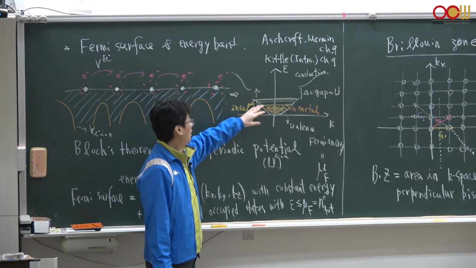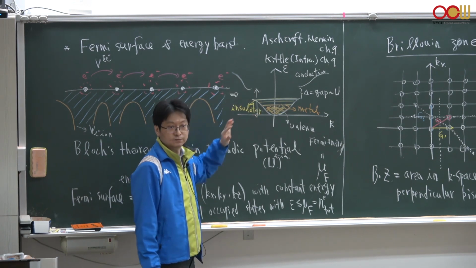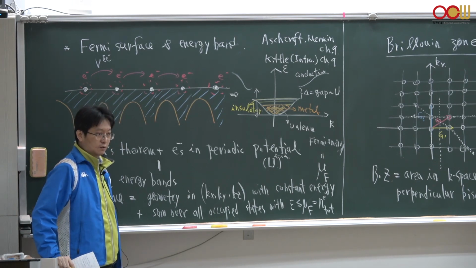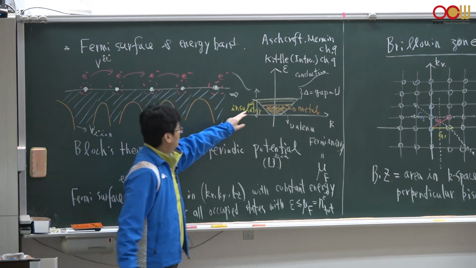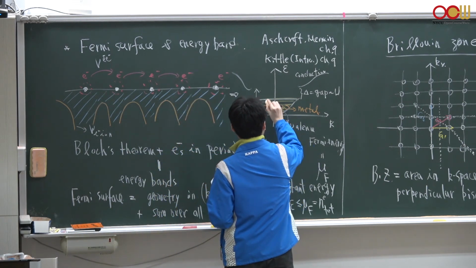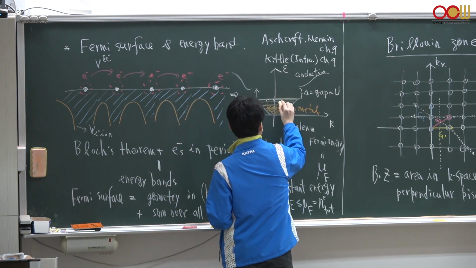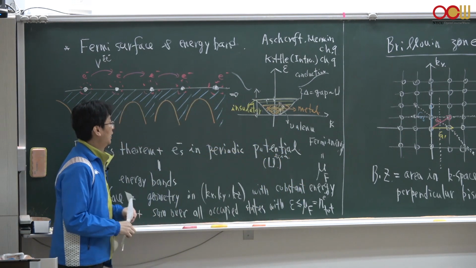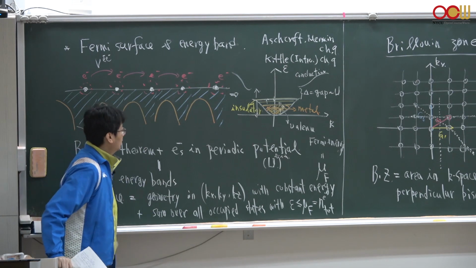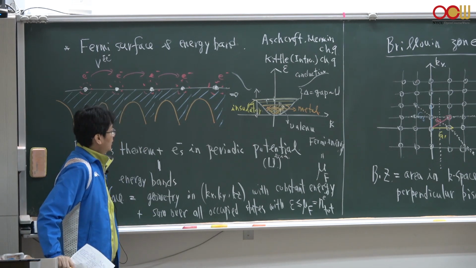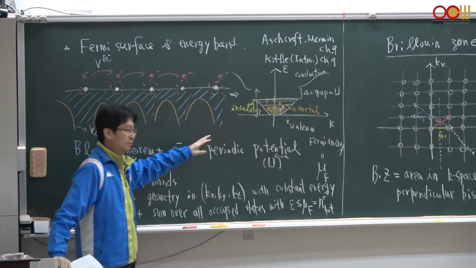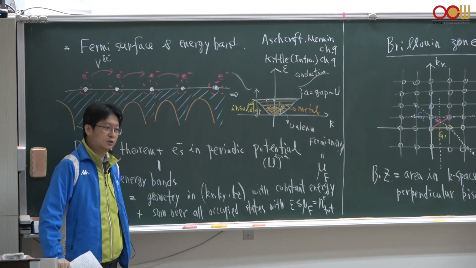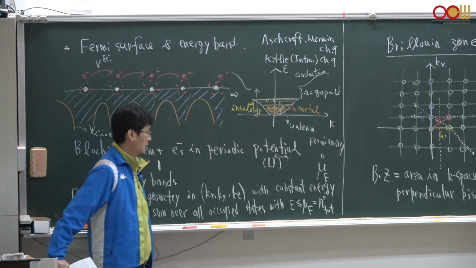And so all the states above this mu f become empty states, and all the states below this mu f are fully occupied. If you simply count the number of electrons populating below the Fermi energy, when you sum over all the energy levels, by the Pauli principle each energy level can only allow at most 2 electrons to populate, right?